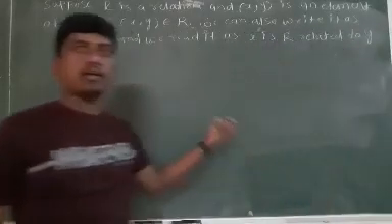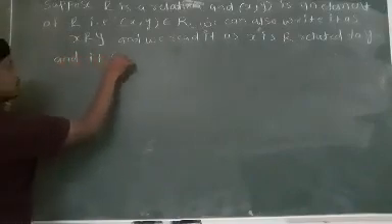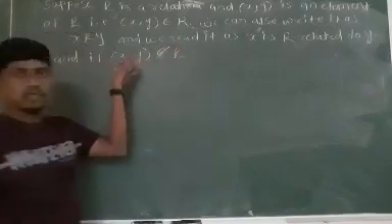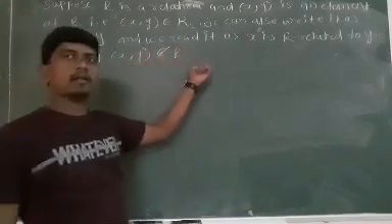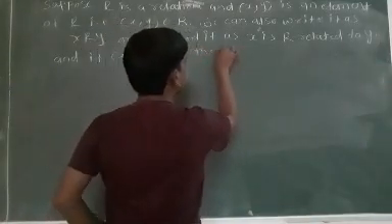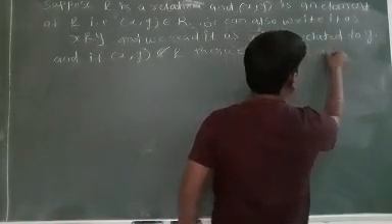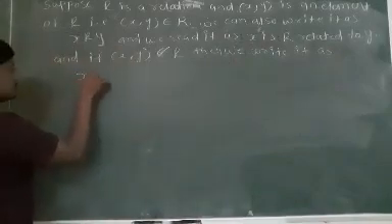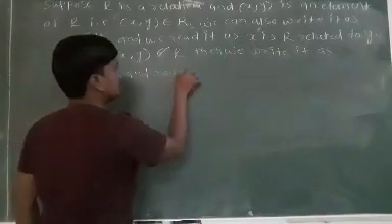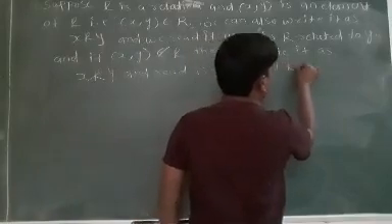And if the ordered pair (x, y) is not a member of relation R, that is, (x, y) is not an element of R, then we write it as x R-slash y, and read it as x is not R related to y.